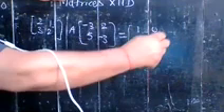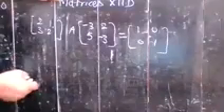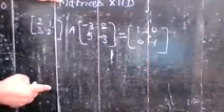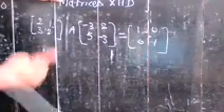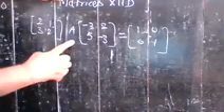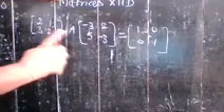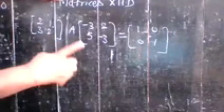That means the identity matrix. The question is to find the matrix A which satisfies this given matrix equation.